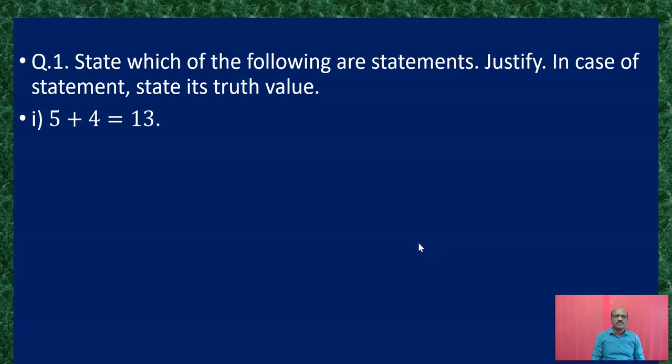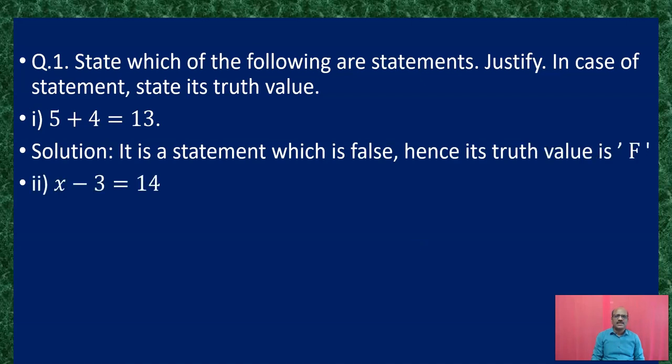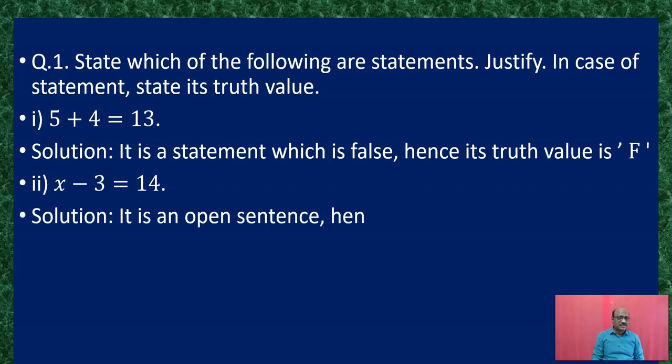First is 5 plus 4 is equal to 13. It is a statement which is false. Hence its truth value is F. Second, x minus 3 is equal to 14. It is an open sentence and hence it is not a statement.